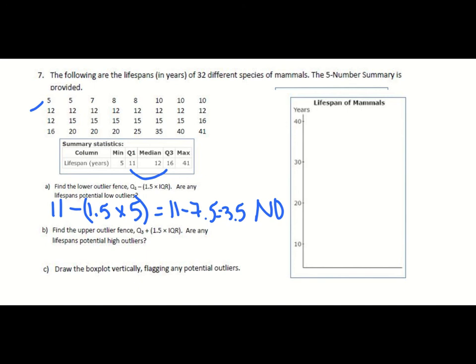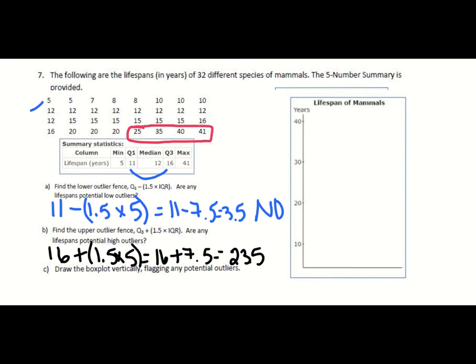And then for my upper outlier fence, my quartile 3 was 16 plus 1.5 times 5, which gives me 16 plus 7.5, and that's 23.5. And so anything above 23.5, that basically is all of these.